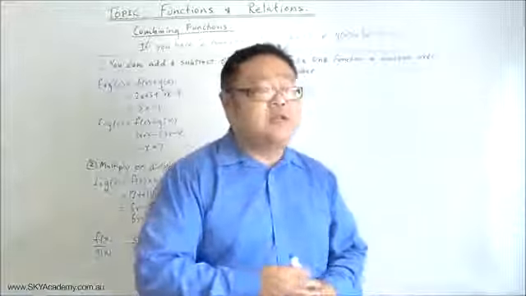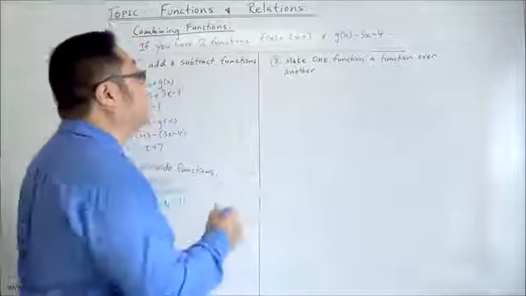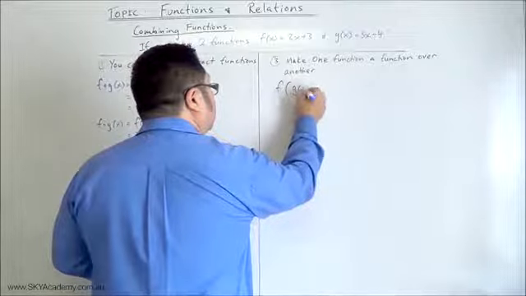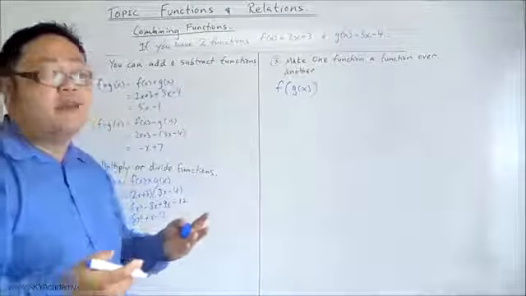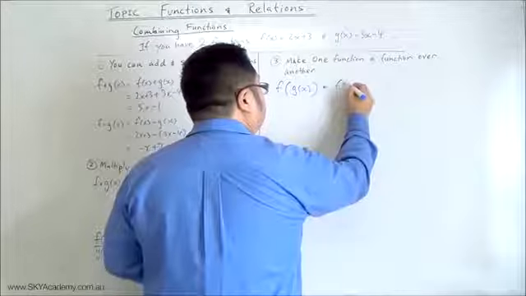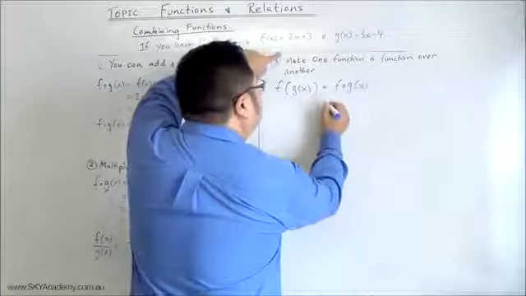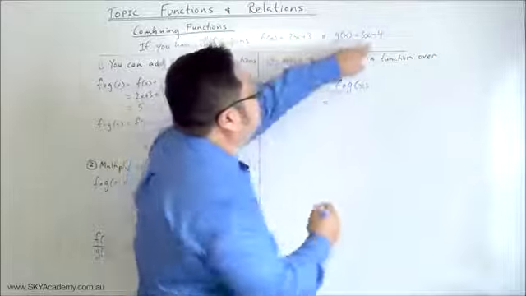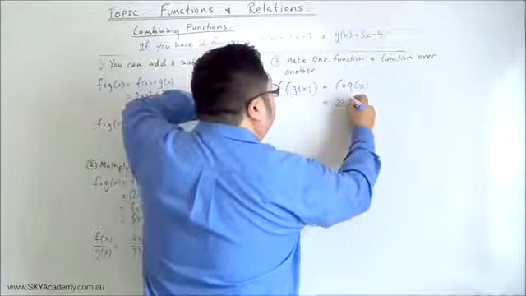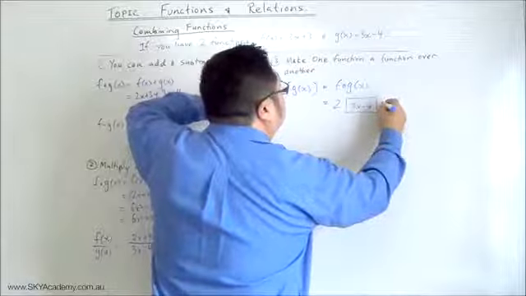What gets really interesting is where you put functions within functions. So we're going to do that here. We're going to put g of x within f of x, and we'll see what happens. Another way of writing this is f of g of x, so you're putting g of x inside of f of x. What you're doing is you're putting 2, and in that x you're putting 3x minus 4, plus 3.